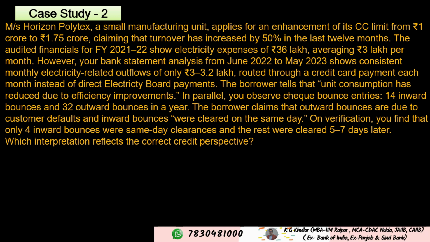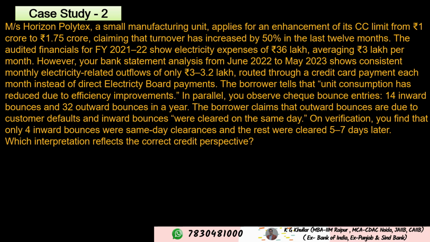However, your financial statement analysis from June 22 to May 23 shows consistent monthly electricity related outflows of only rupees 3 to 3.2 lakhs, and that are routed through a credit card payment each month instead of direct electricity board payments. The borrower tells that the unit consumption has reduced due to efficiency improvements.